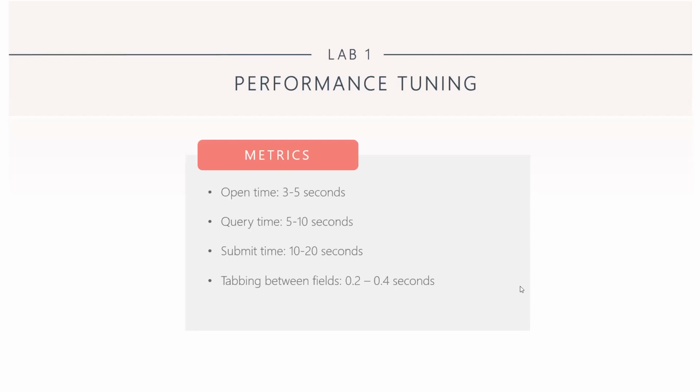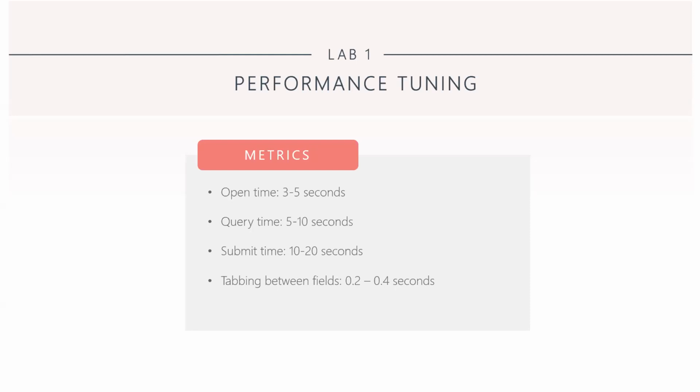And then tabbing is the most important. If the tabbing is not instantaneous for all intents and purposes, and I think the user perception is about a fifth of a second, 0.2 is really where we want to be, then the user is going to see a sluggish form, and they're going to be typing, tabbing and typing and not knowing where they're typing because it's lagging in displaying.